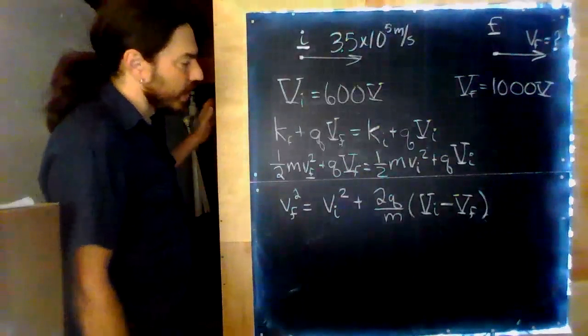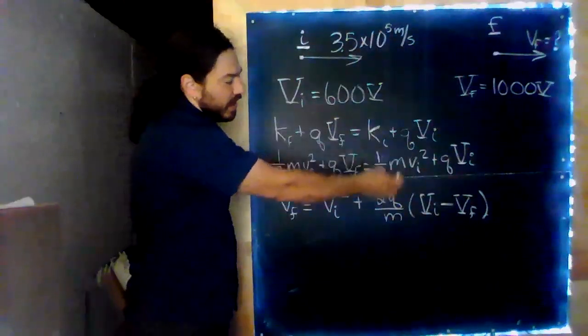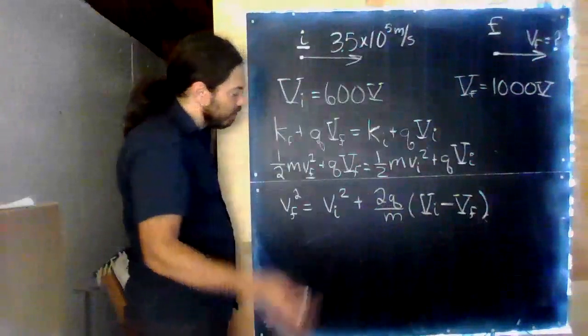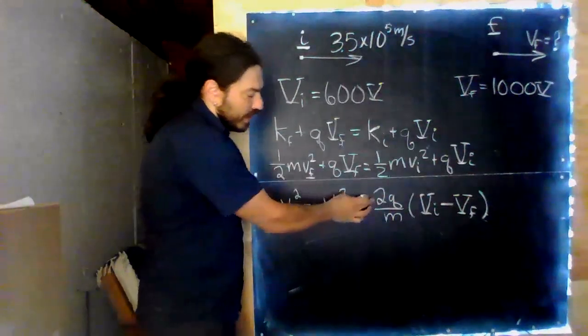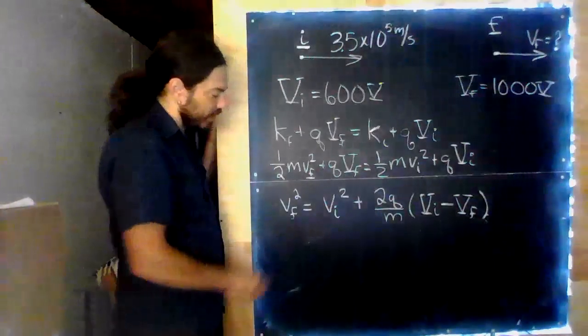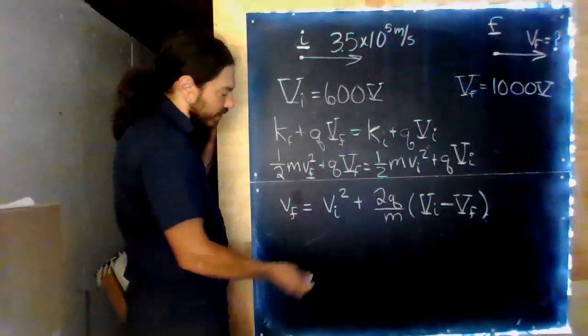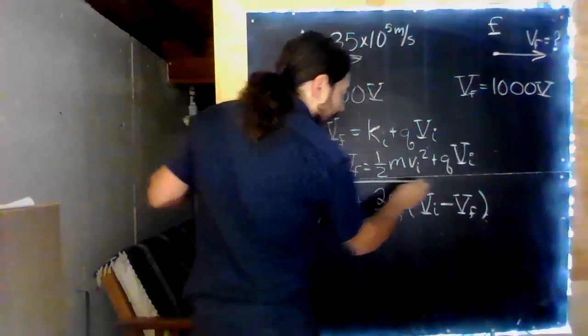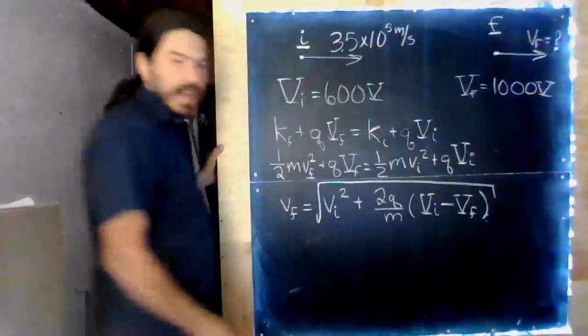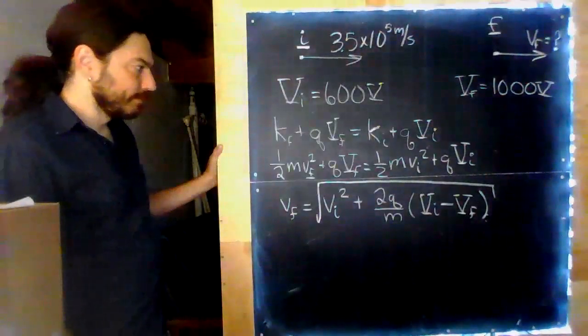So in here what I've done is I've taken my V final to the other side, factored out a Q, multiplied both sides by 2, and divided by M. We ended up with this. Now I will take the square root of both sides. And I get that.